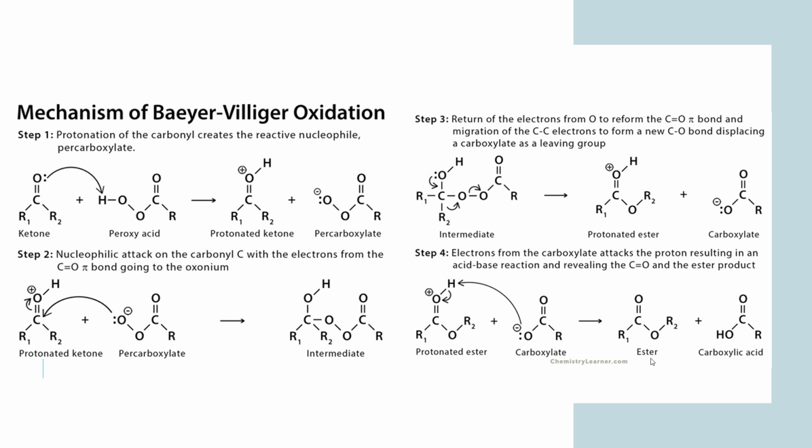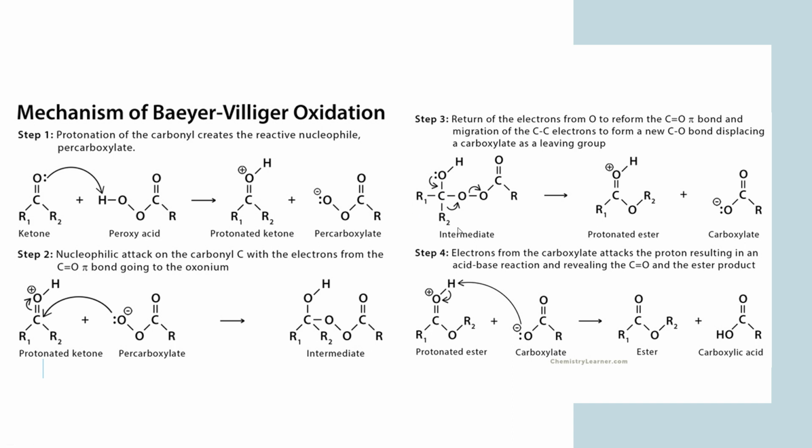And you must know that if you see step 3, we are shifting an alkyl to the oxygen of the peroxy linkage. And in this step, if you have R1 and R2 different, you have to choose the alkyl chain or aryl chain according to the migratory aptitude.